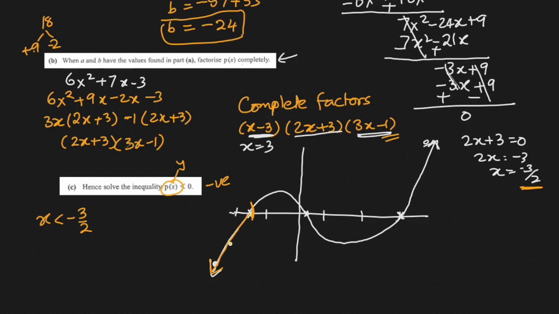This is our first set of values which gives us negative. Secondly, the y value is negative below the x-axis. From, this was how much? 1 over 3, yeah, this was 1 over 3 positive, and this was 3. So between 1 over 3 and 3 is our second answer. These two areas, the y value is negative.